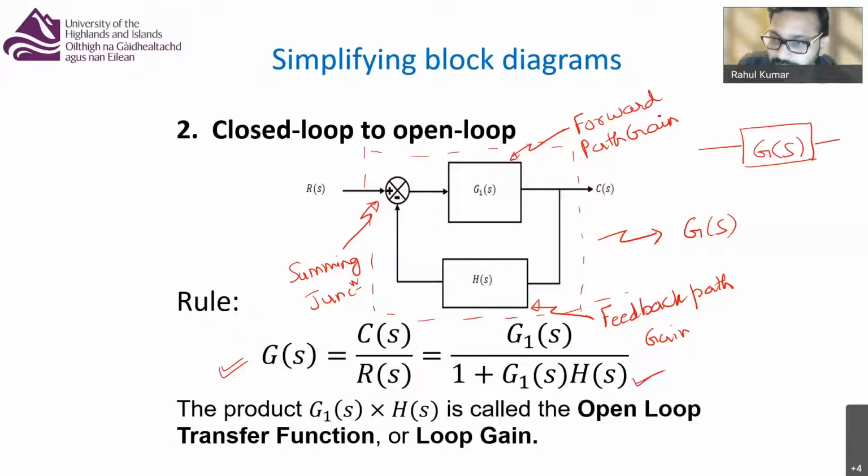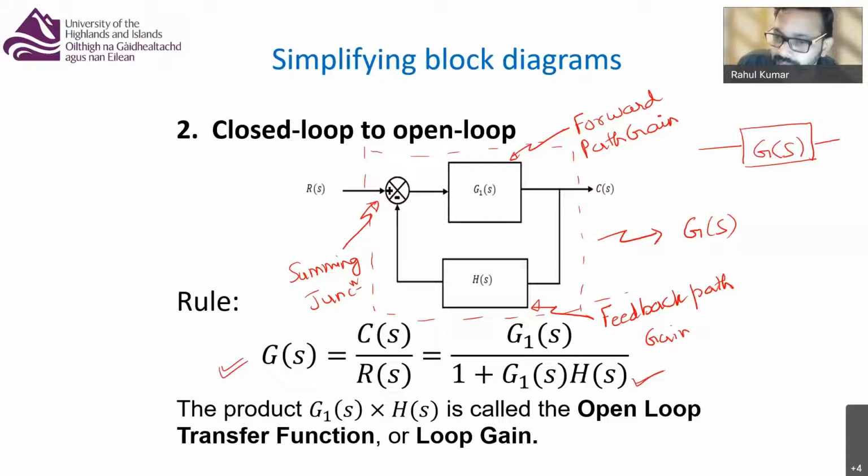That is G of s, the overall gain or the equivalent gain or transfer function, will be given by G1 of s divided by 1 plus G1 of s H of s.